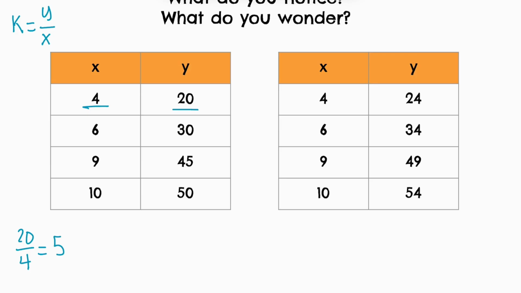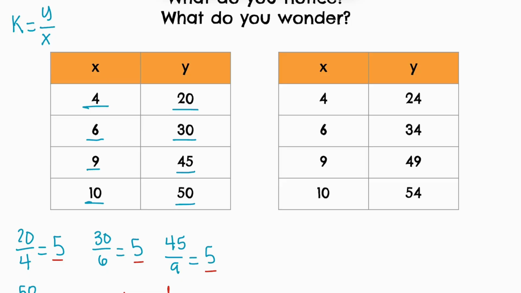Next values, 30 and 6. 30 divided by 6 is 5. 45 and 9. 45 divided by 9 is 5. 50 and 10. 50 divided by 10 is 5. Does this table show proportionality? Yes, it does. All of the k's are equal, they are the same.